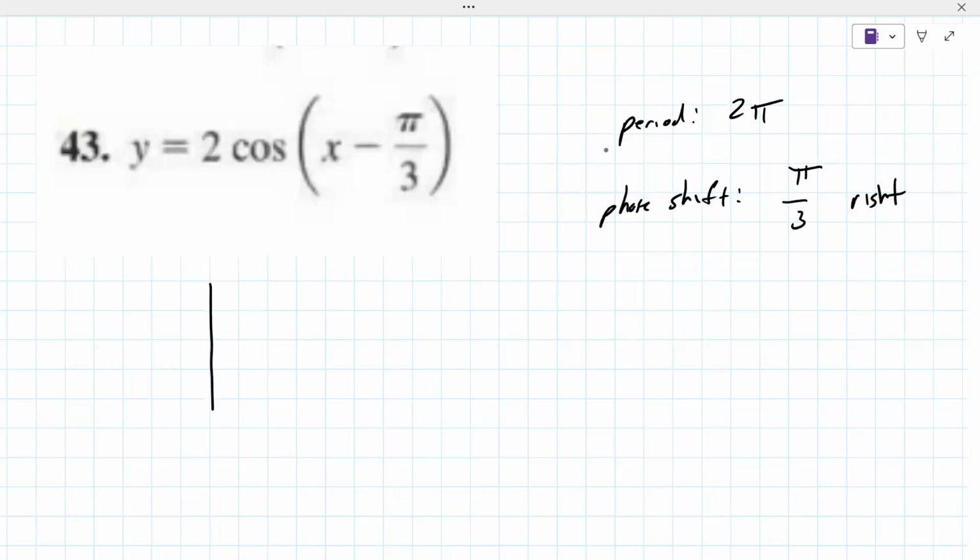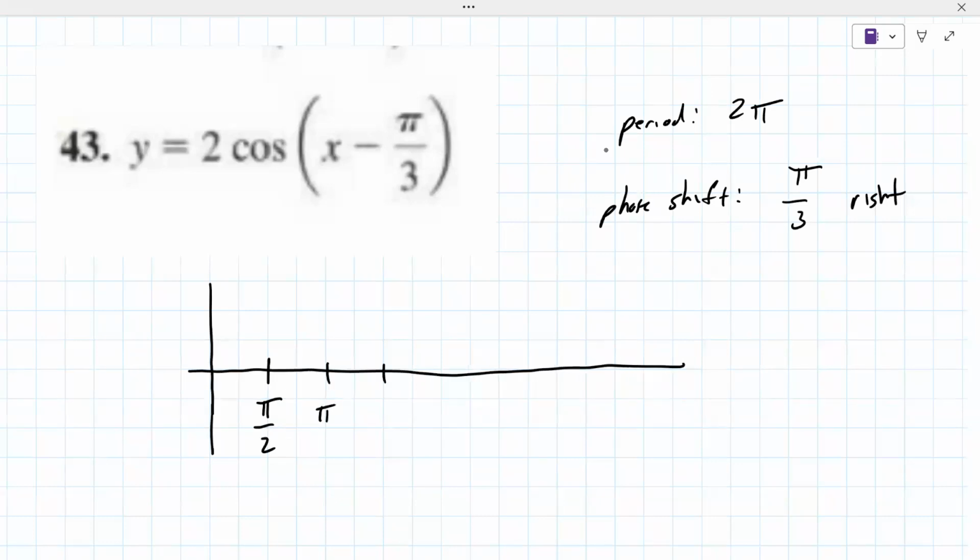Okay. So like this again, I'll make this one more of the emphasis. On a typical graph, this might be pi over 2, and this would be pi, and this would be 3 pi over 2 and 2 pi. And where does pi over 3 go? That's my question to you.